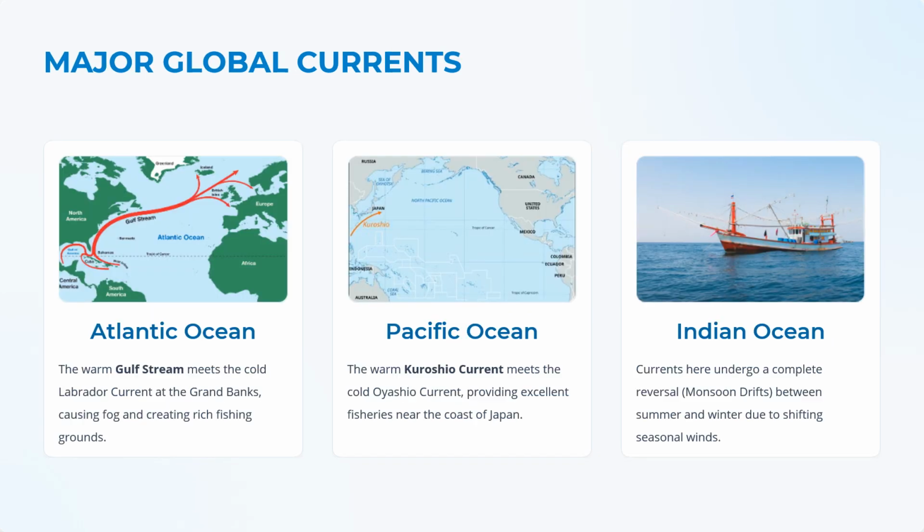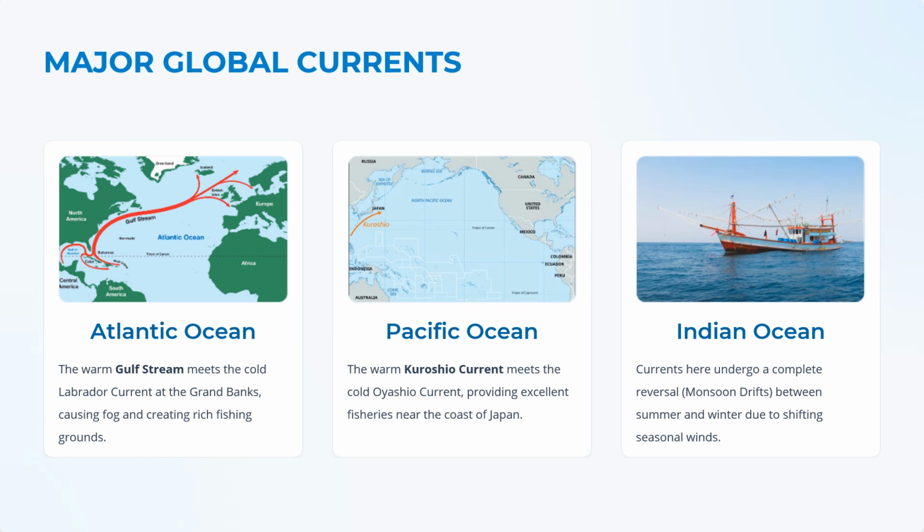Before we enter directly into the exact flow of streams, let's divide these global currents into three major currents. One is the Atlantic Ocean current, the warm Gulf Stream. We will be learning about the Gulf Stream, Labrador currents and these things. Then the Pacific, where the Kuroshio current is the major one, and then the Oyashio current.